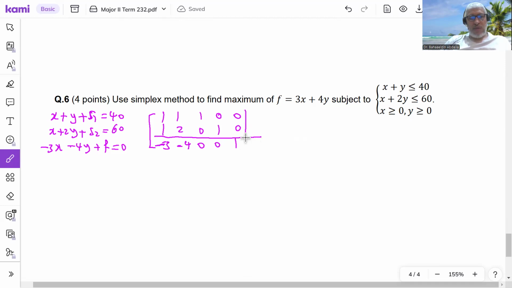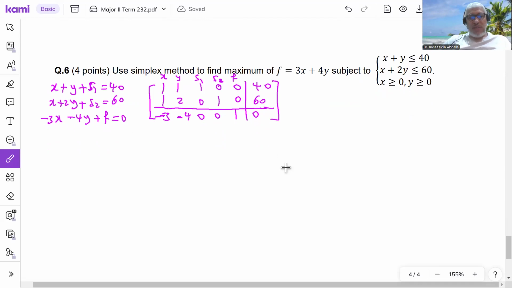We put a line here, a row here, and a column here, and we write the constants. So these here are x, y, S1, S2. You don't have to write this, but it helps to understand. Well, this is the initial matrix.